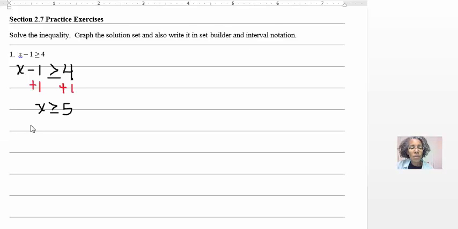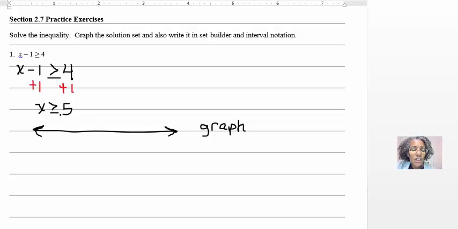Okay, so I want to graph this solution set. That's one of the things I was asked to do. So I start off with a number line. So this is going to be my graph.